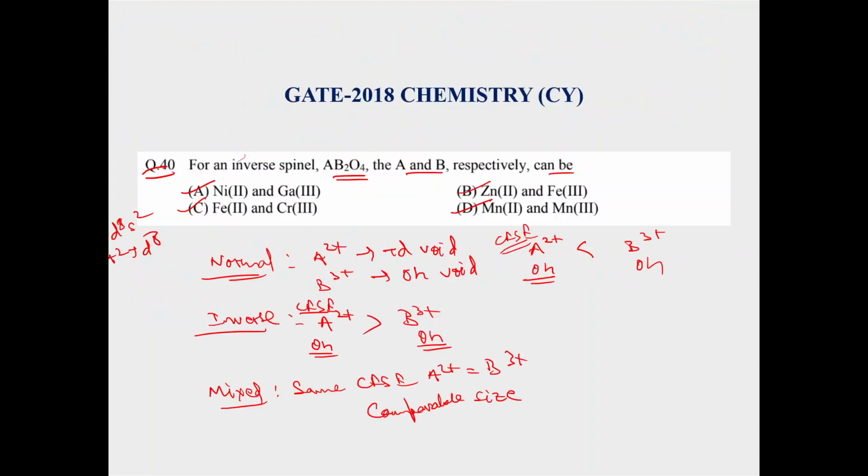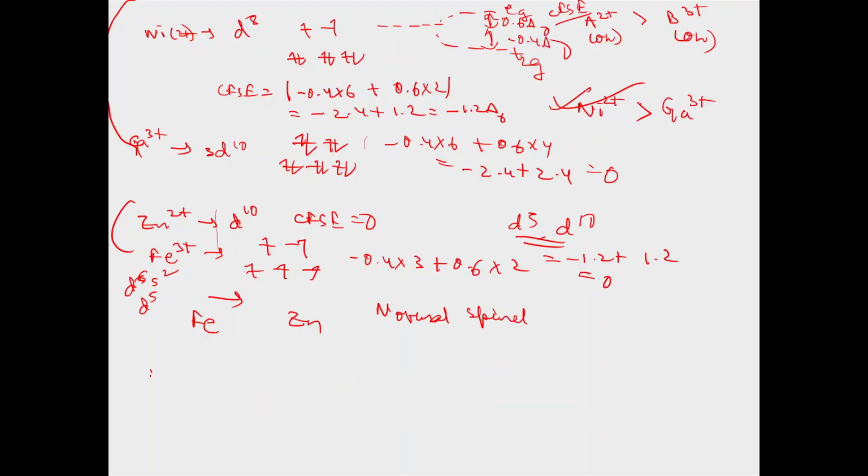Then the third option is Fe2+ and Cr3+. Fe2+ is a d6 system.